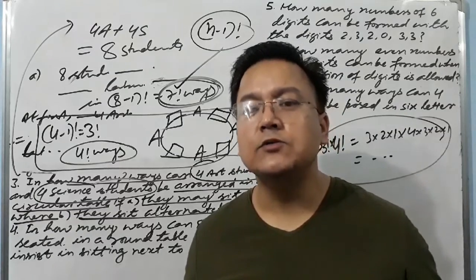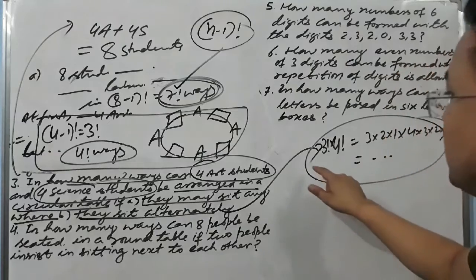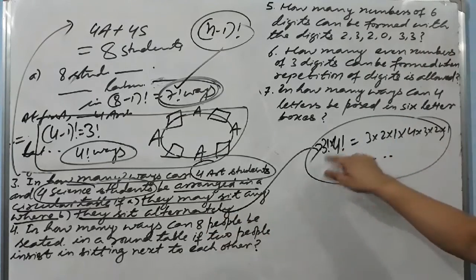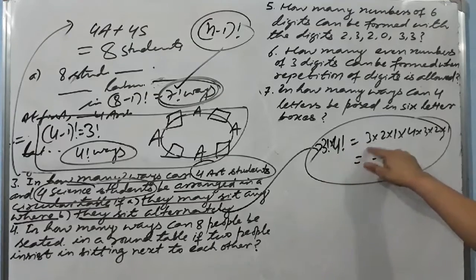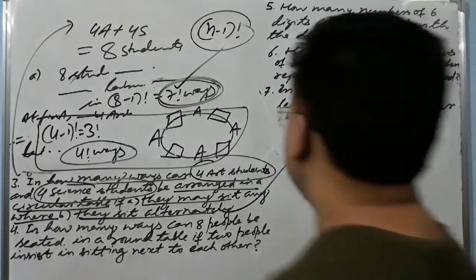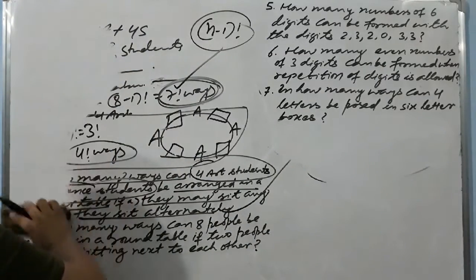Then we don't need to apply the circular theorem. So the total number of ways in which they sit alternately is 3 factorial times 4 factorial, equal to 3 times 2 times and so on. Like this you can find the calculation. This is not a big issue. So is it clear? If this is clear, let's move on to the next question.